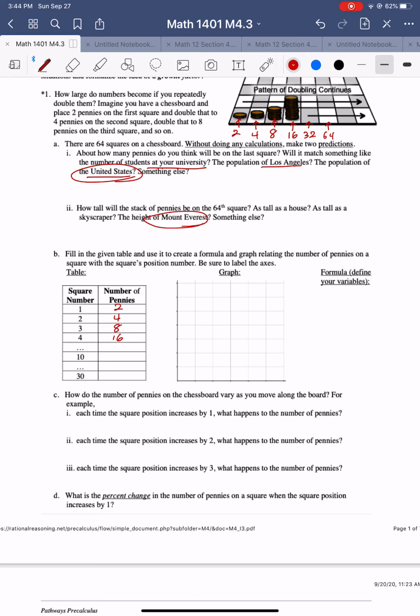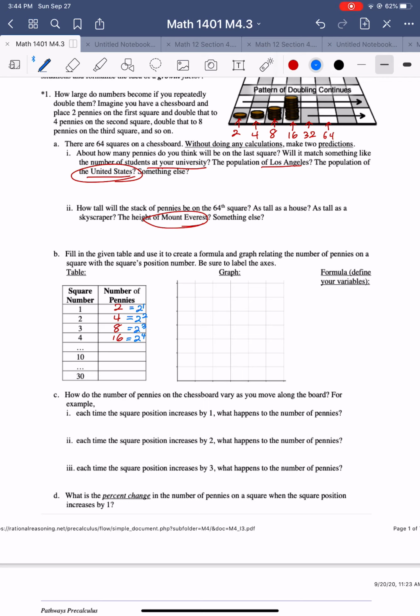And then, how do you know how many pennies will be on the 10th square? So here, I need you to actually think about the number change, okay? So 2, 4, but 4, I know is 2 times 2, isn't it? And 8 is 2 times 2 times 2, right? And 16 is 2 times 2 times 2 times 2, right? Which is 4 factors. So this is the kind of pattern you'll see.